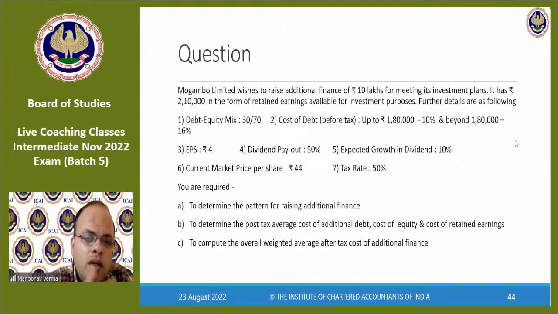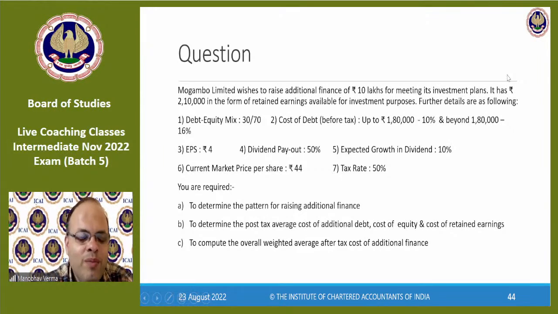Now, what are the requirements of this question, guys? Question number A. What should be the pattern for additional finance here? Who will tell me this? Aditi already has an answer. Aditi says that, okay, this time I will not fool around. Aditi is very spot on in her answer. She says that, okay, I know what I did in the last question.